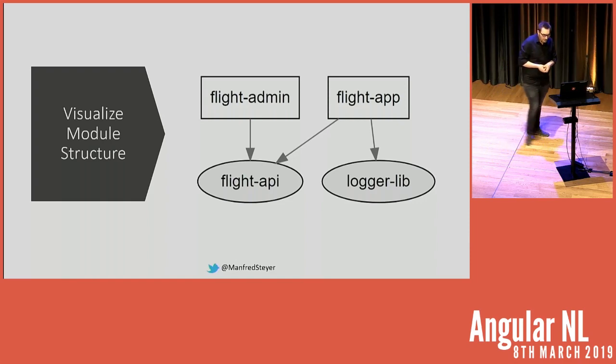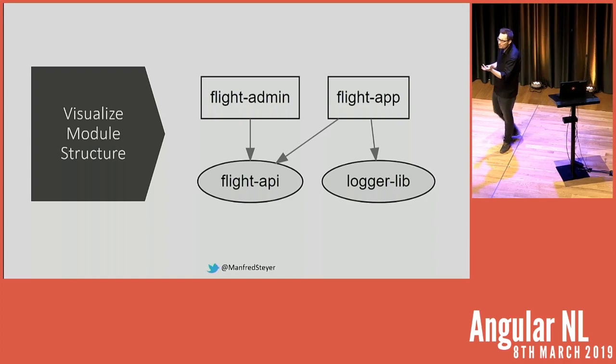For instance, when my local library would access the flight application, it would be a situation that would not be beneficial. You don't want a very common local library directly accessing a use case specific library like the flight API here.